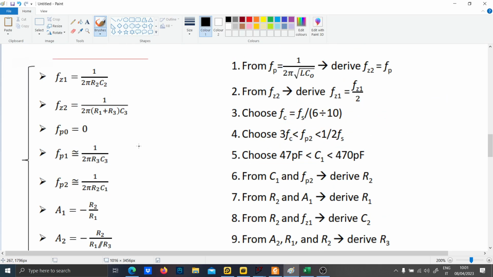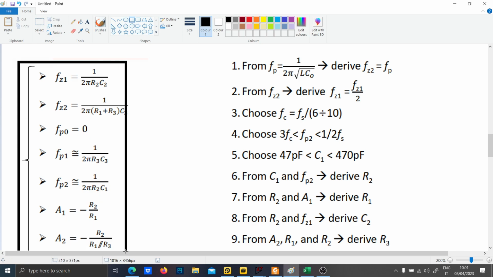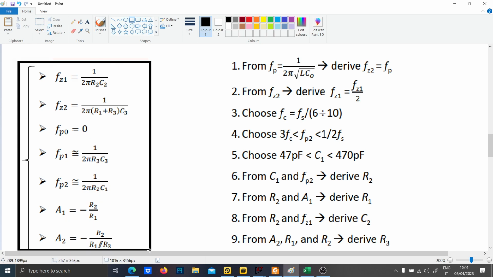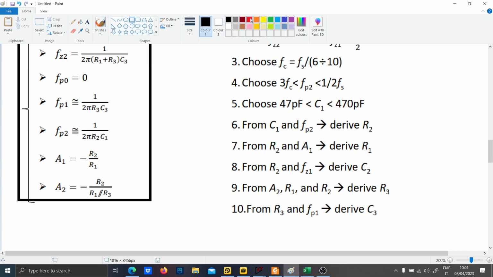This is all the formula that you can find in any application note or in any power electronics course, because all these poles and formulas are calculated with the fact that the capacitor can act like a short, open, or capacitor itself. And as you can see, the gain A2 is exactly as I told you.